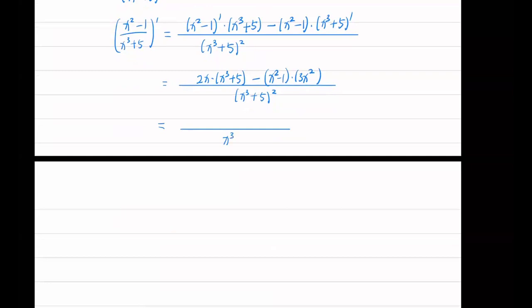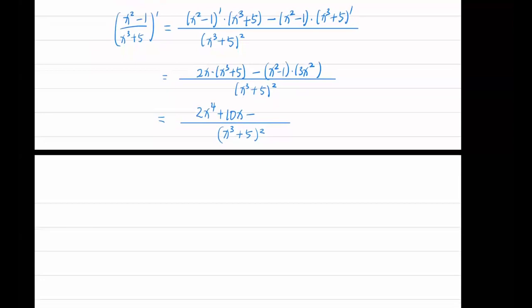This will be 2x times, 10x minus 3x times 3x squared. Okay, very complicated for a result, but we get it step by step.